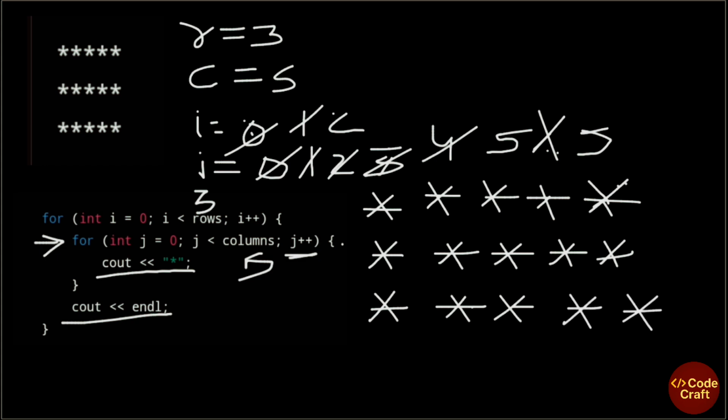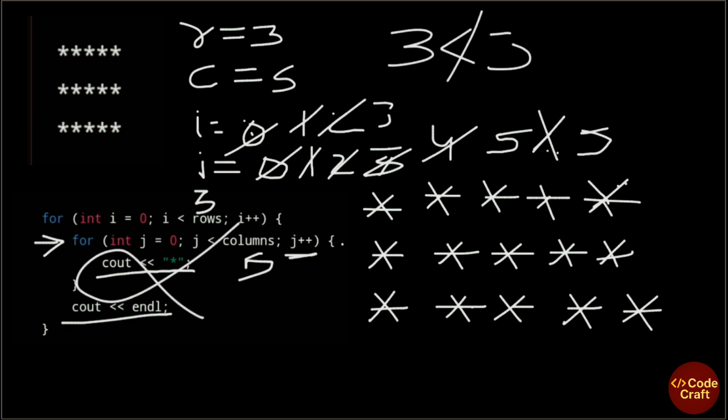After this i becomes 3, and the compiler comes out of the nested loops, and we have our pattern. You see that this pattern and this one are the same: in both patterns there are 3 rows and 5 stars in each row.